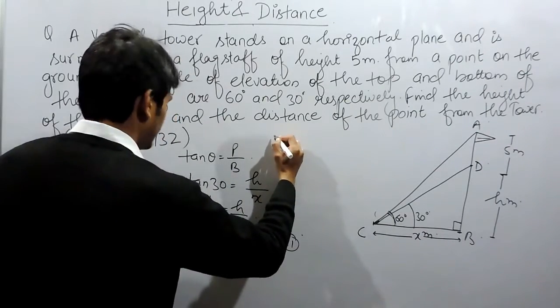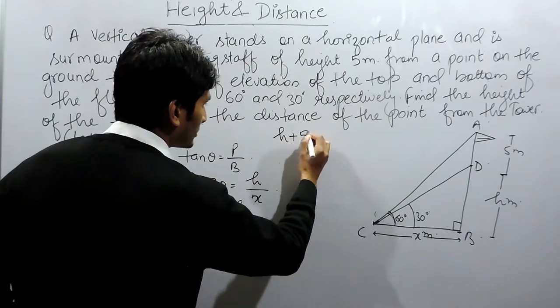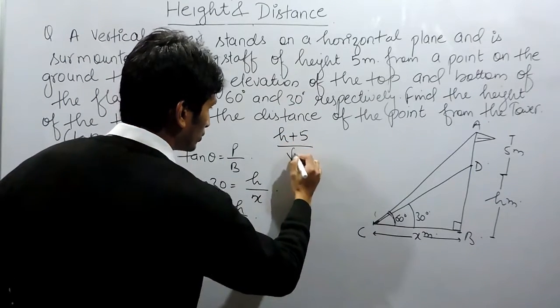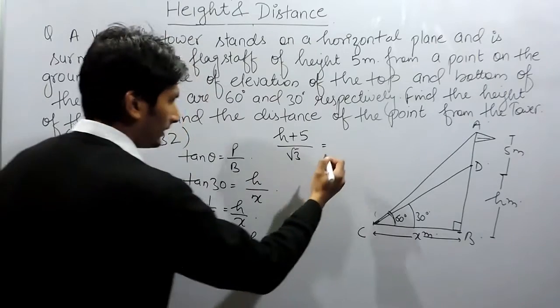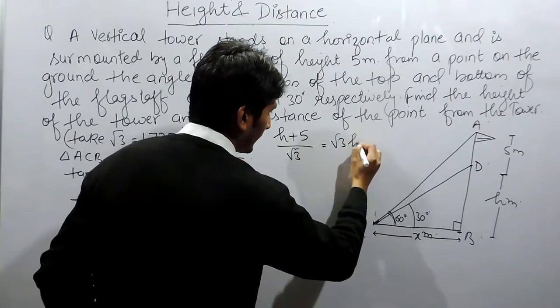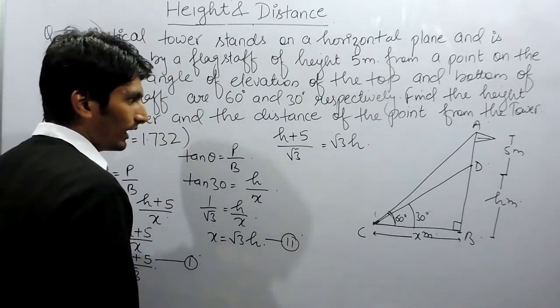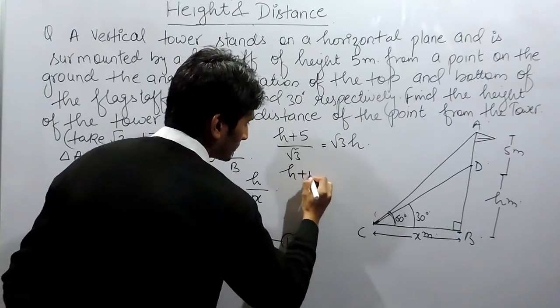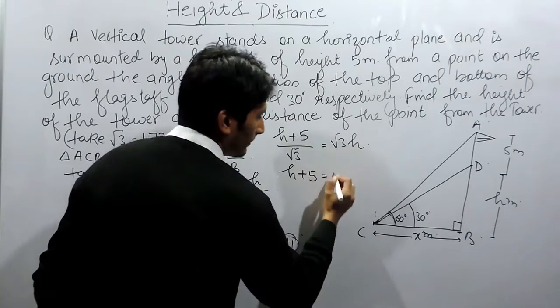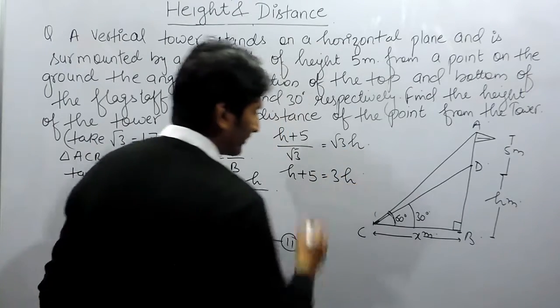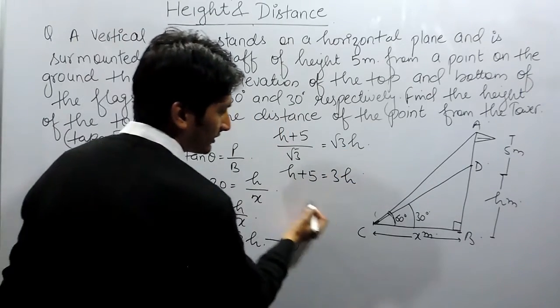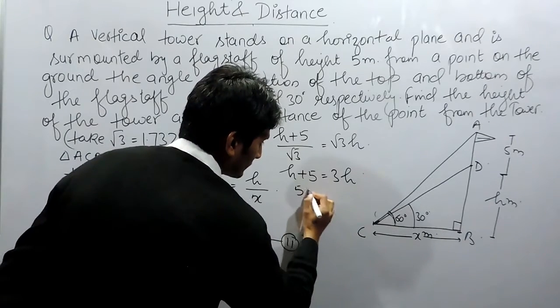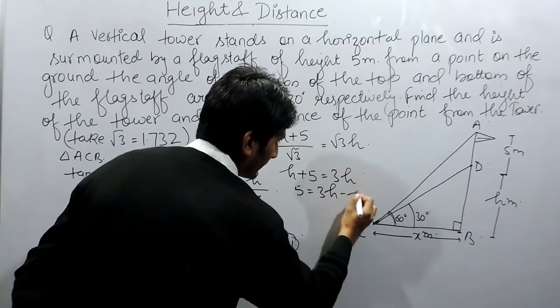Now in this equation, this will be h plus 5 is equal to root 3 times root 3 h. Now if I cross multiply this, h plus 5 will be equal to root 3 multiplied by root 3, which gives 3h. If I shift this to this side, this will be 3h minus h.